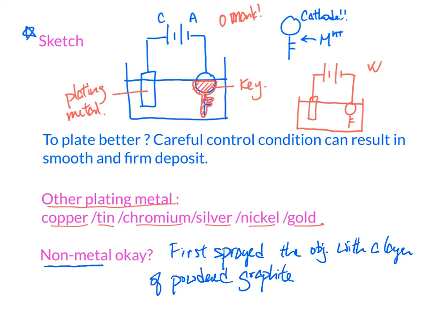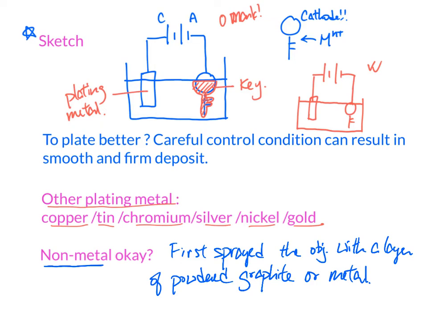So if you put some powdered graphite on top of it, or you can put powdered metals on top of it, then that is just like an object coated with an electrical conductor. So actually, it can also conduct electricity like a normal electrode. After doing this, what you need to do is just electroplate as usual afterwards. So therefore, non-metals can also be electroplated.